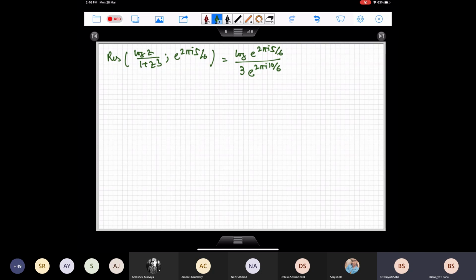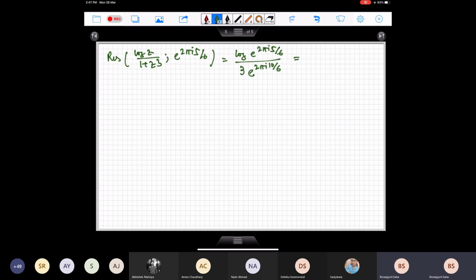This time again I'm going to multiply by the same factor in the numerator and the denominator. 10 over 6 multiplied by 2 pi i, so 15 over 6, and 3 gets cancelled, so 5 by 2.